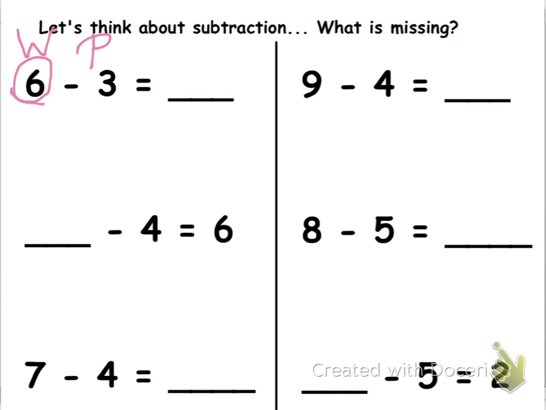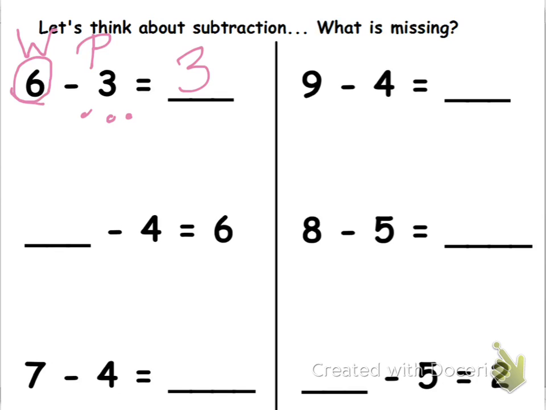So we had 6, took away 3, and then we have to figure out how many there are. With this, we can actually count backwards to figure this out. So we put 6 in our brain, and count back from 6. We know 5, then 4, then 3.